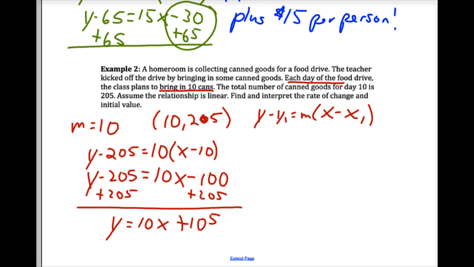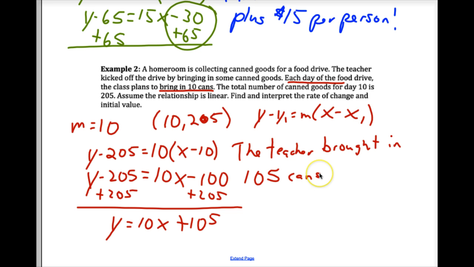All right, so here's what happened. The crazy teacher brought in, I'm saying this is Mr. Francis because that guy cheats and he's a weasel. The teacher brought in 105 cans to begin with.